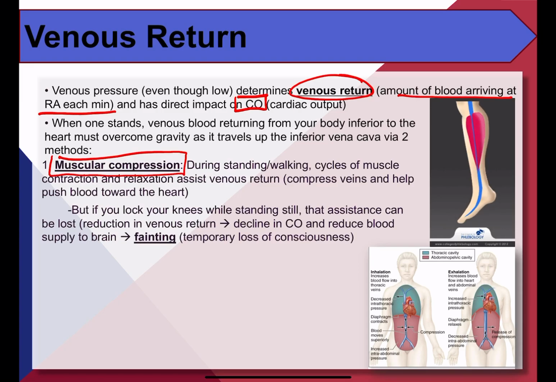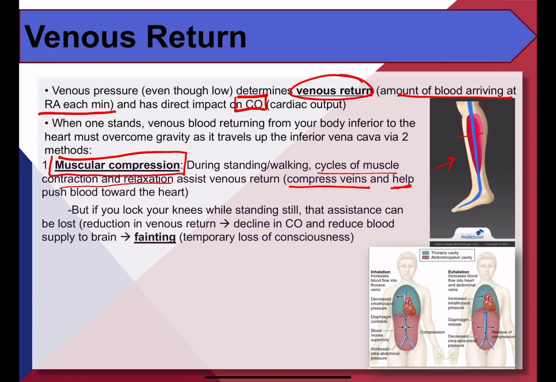When we're standing or walking, there are cycles of muscular contraction and relaxation to assist with venous return. They compress some veins and help push blood toward the heart, in this cool animation here, just like that.